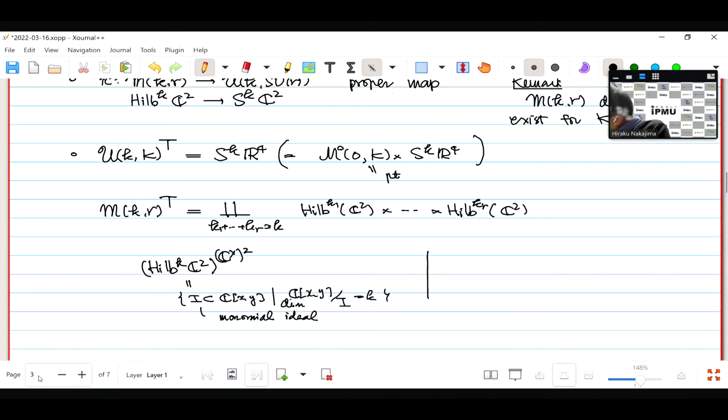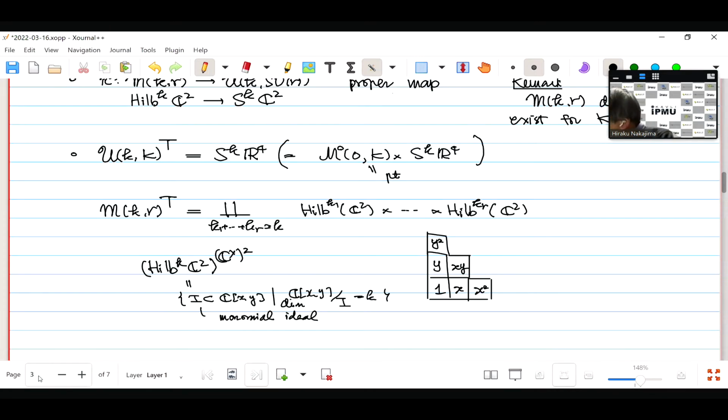Then you can draw a Young diagram like this. This box is 1, this box is x, and this box is x squared. This is y, this is xy, and this is y squared. So you draw the monomials which are not contained in the ideal I, and then you get this Young diagram.